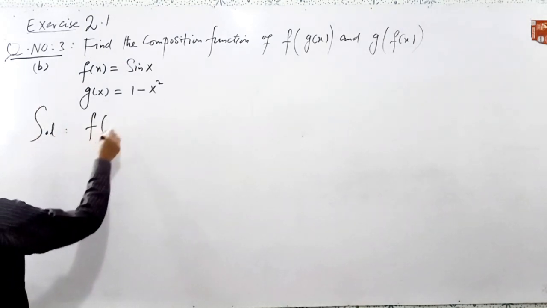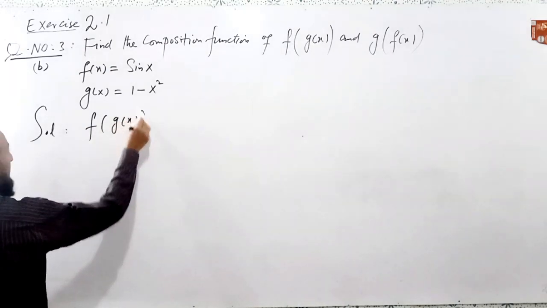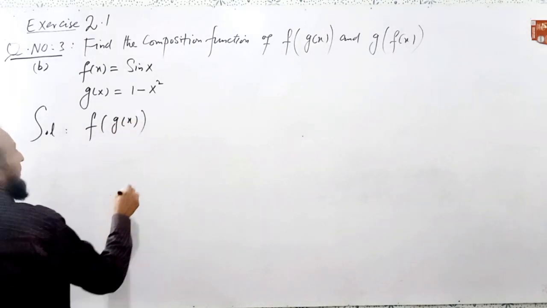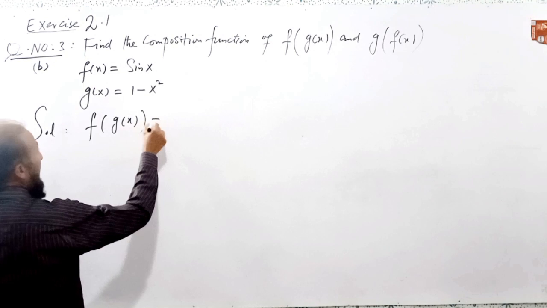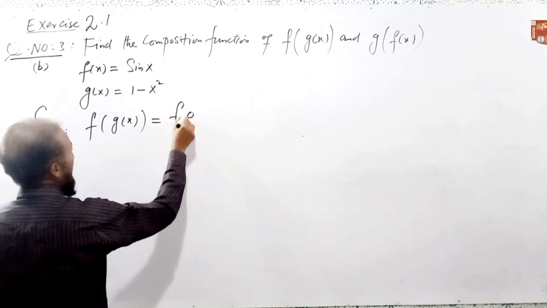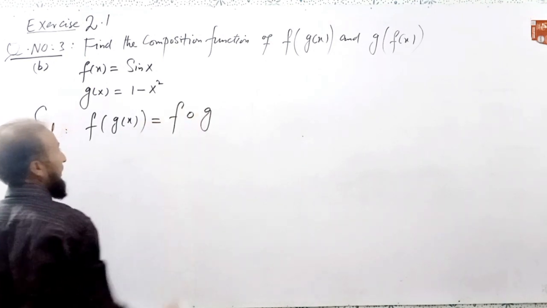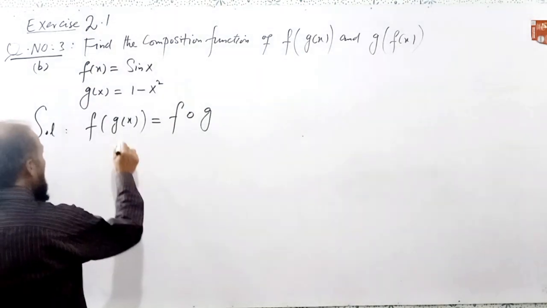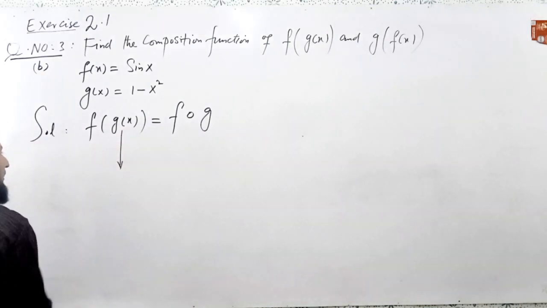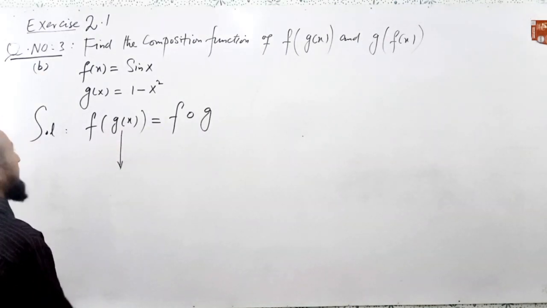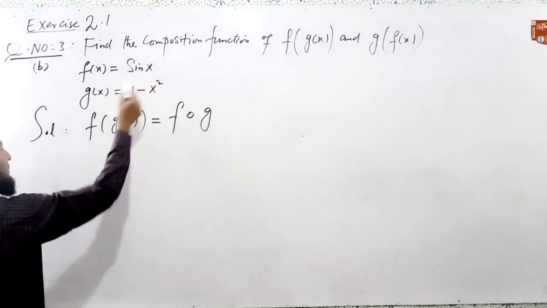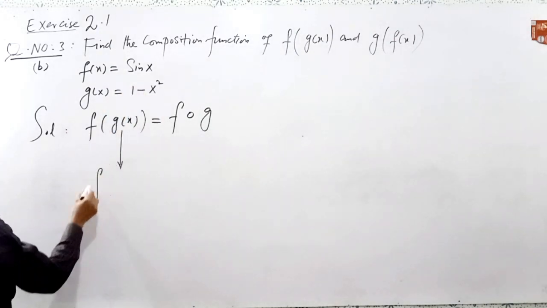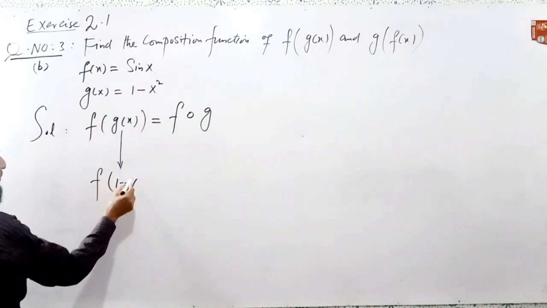f of g of x. It means that we can write this function as f of g of x. Now we put in the place of g of x what is already given, 1 minus x square. So f of 1 minus x square.